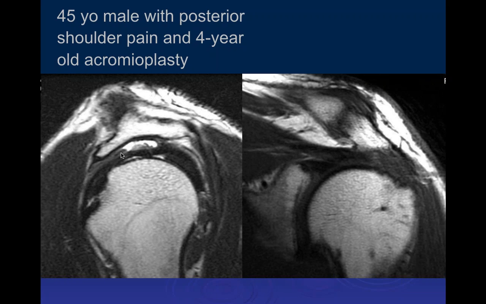On the lateral view, there's a lot of lateral downsloping of the residual acromion with eburnation of the undersurface, and high grade tendinosis versus partial thickness tear of the supraspinatus insertional fibers.